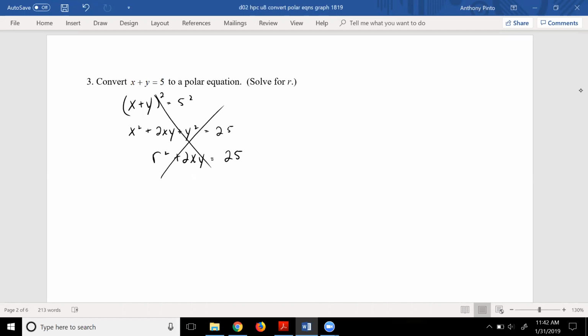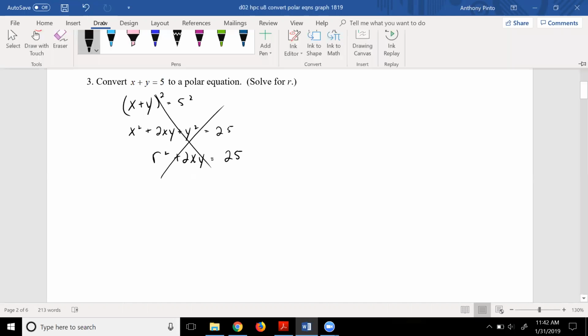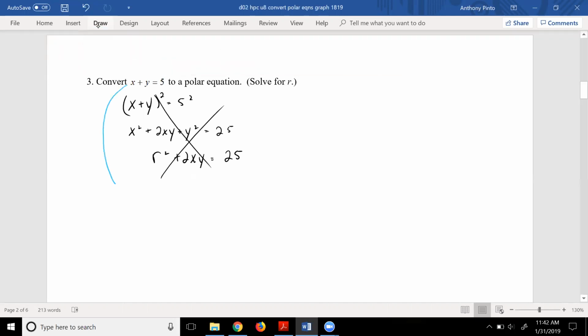But what we can do, we know that x is equal to r cosine theta, and we know that y is equal to r sine of theta, which is equal to 5.